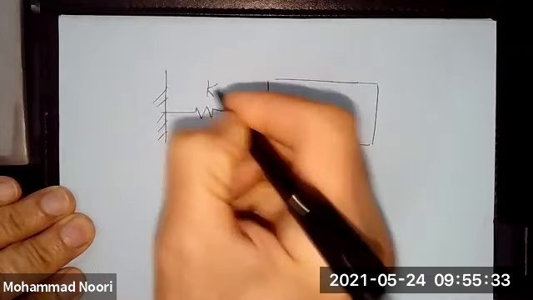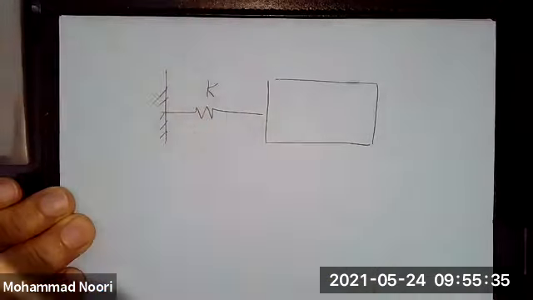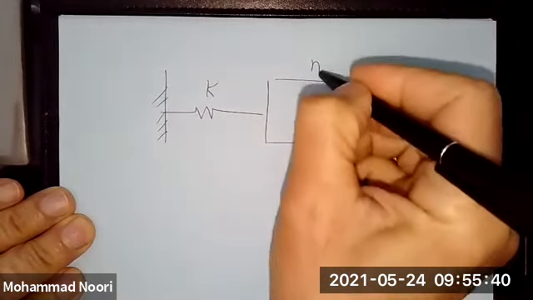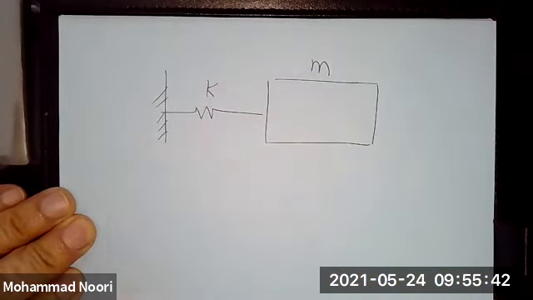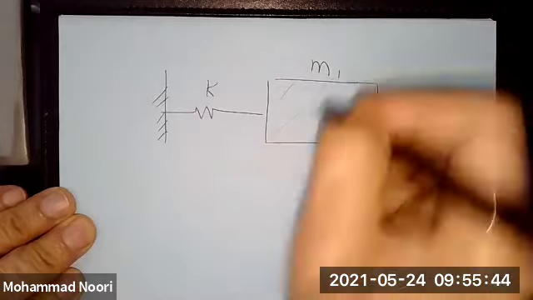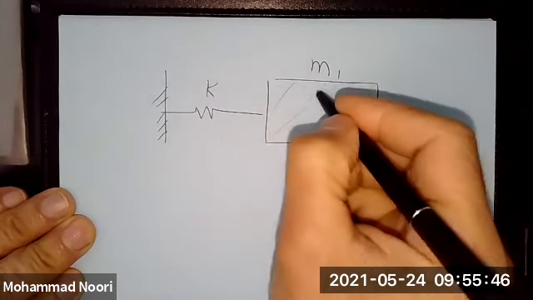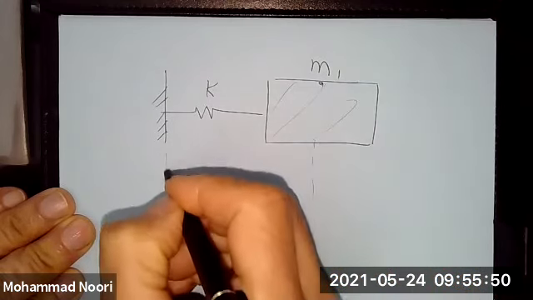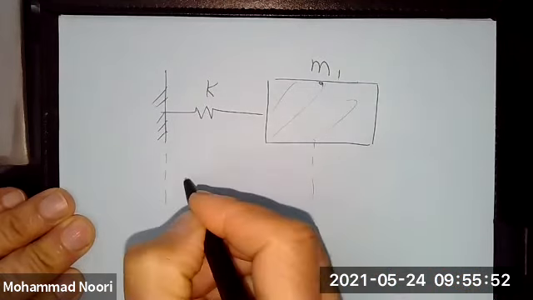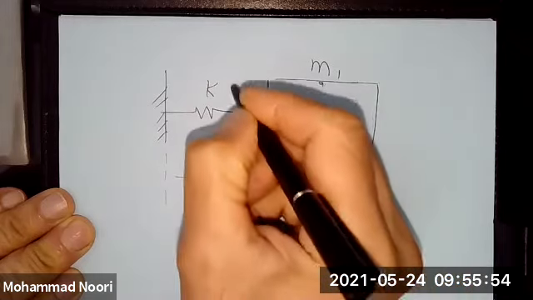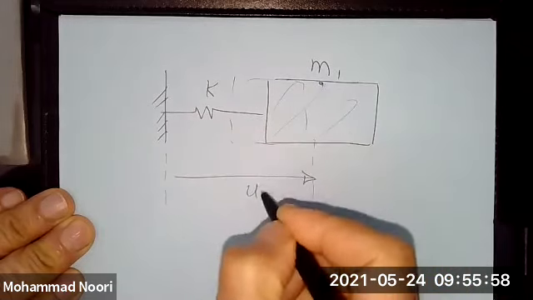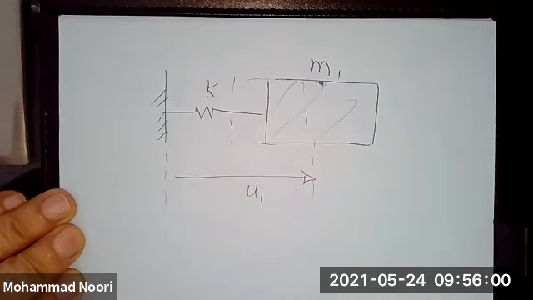The connection between that train and others, I will sum up as this stiffness term. The car has a mass, let's call that M1. In other words, this is traveling, and at some point it was here, now it is here. So the distance traveled is U1.